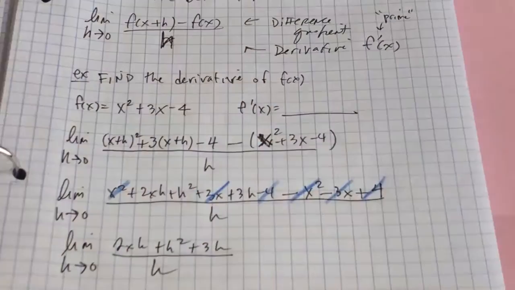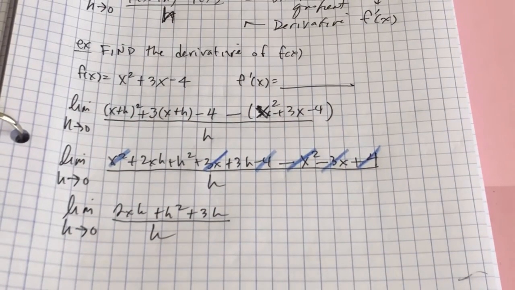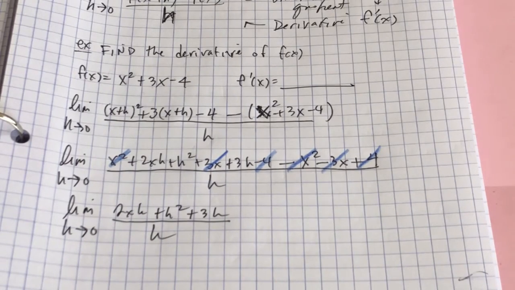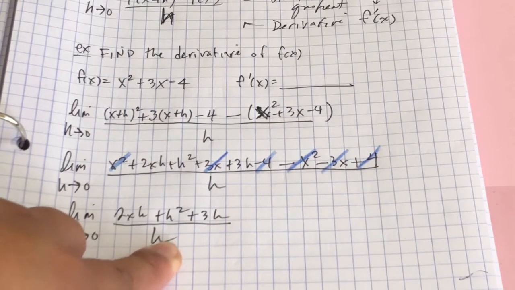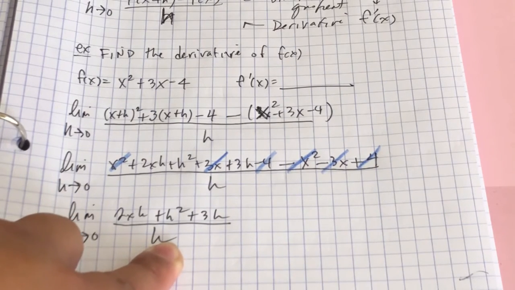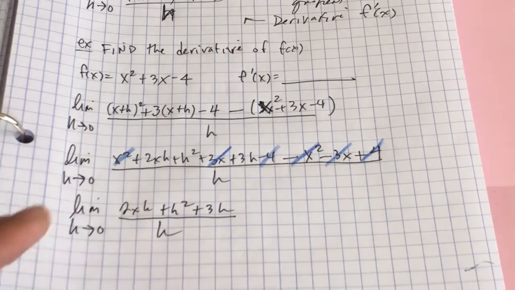All over h. Cool? However, you still cannot plug in h as 0. So basically, one thing you could say is that our goal is to somehow cancel this h. Because then, by canceling this h, it'll allow us to go ahead and plug in h as 0. Because we can't do it now, because it makes the function undefined.